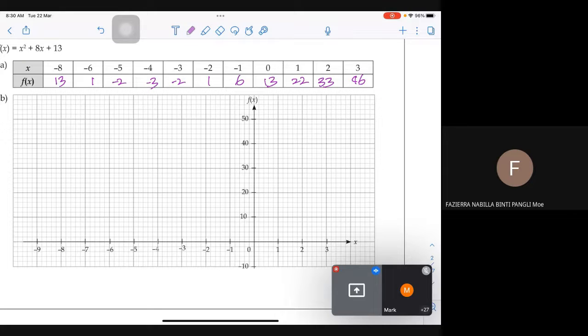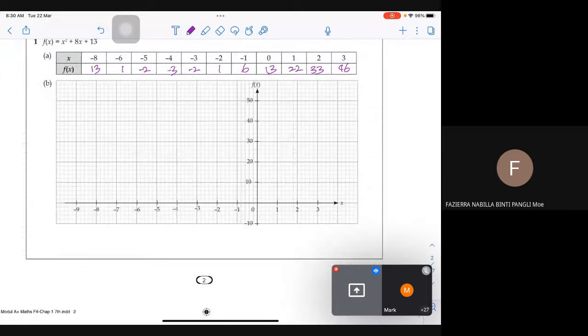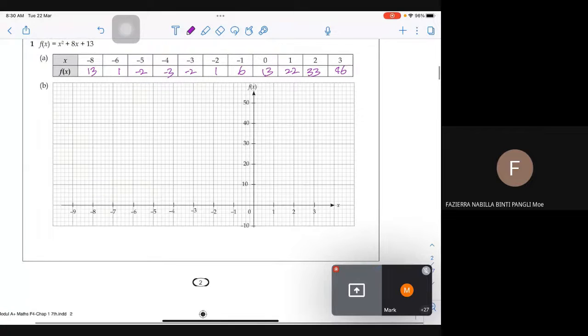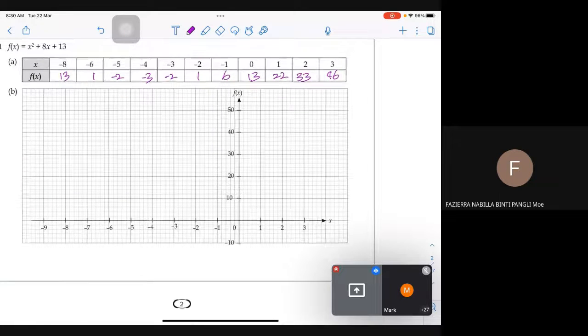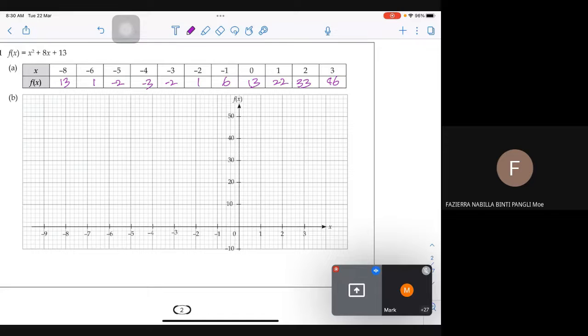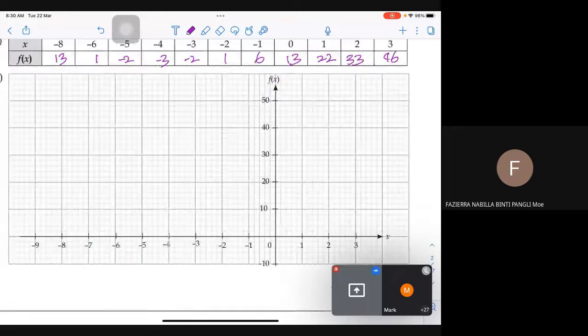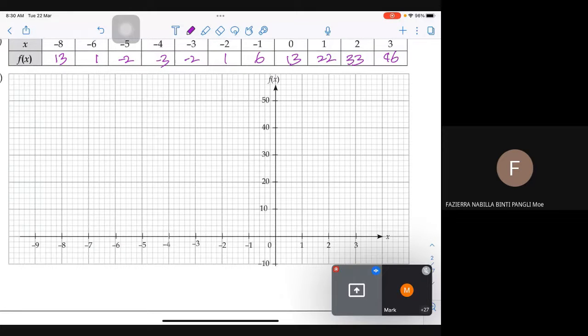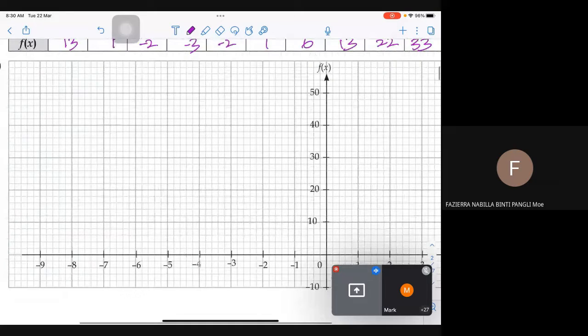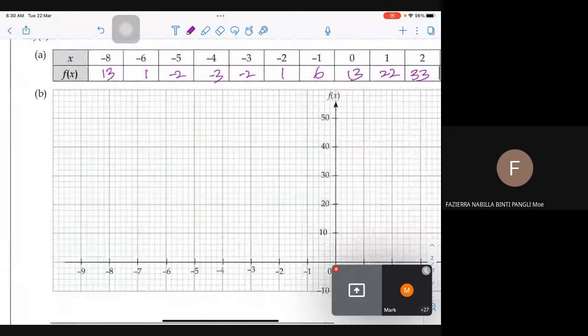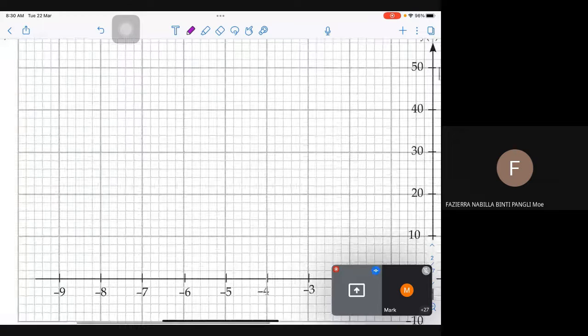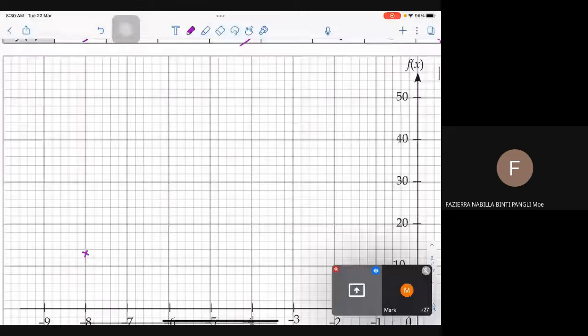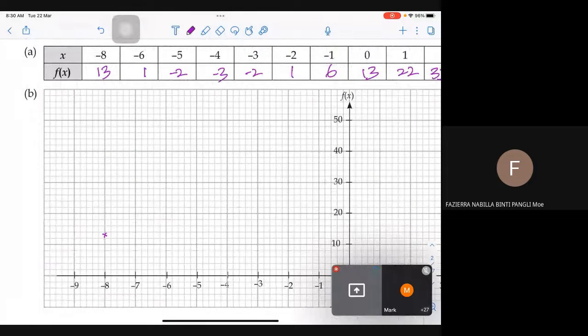Okay, so a few things that I need to remind you. Please remember when you plot the graph, it must be very accurate, mesti yang betul-betul. 13 should be at somewhere here. Then -6 is 1, here.